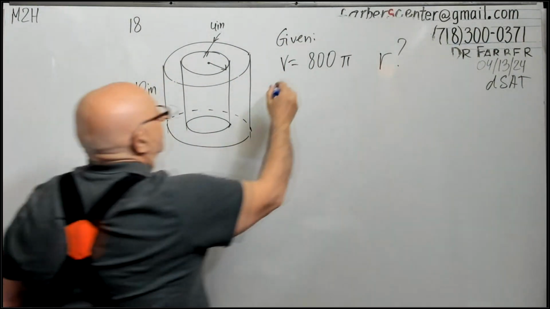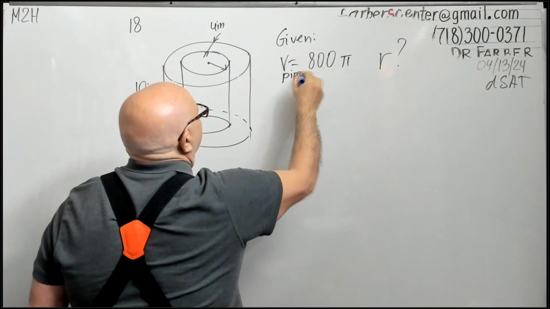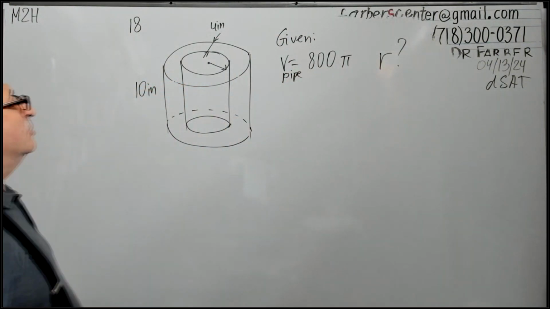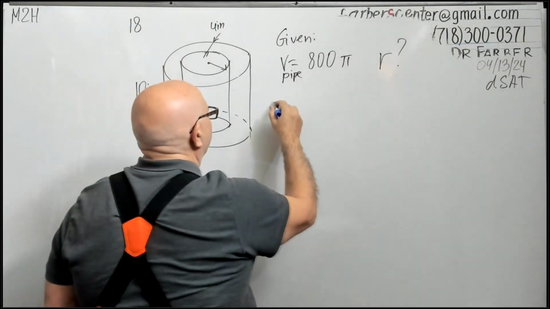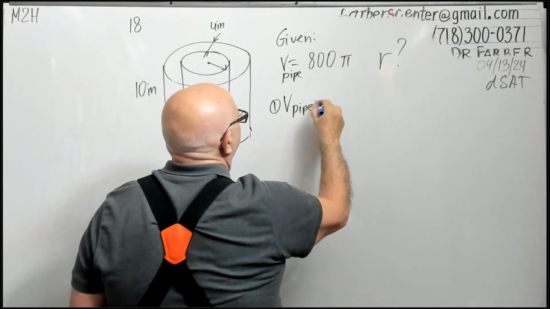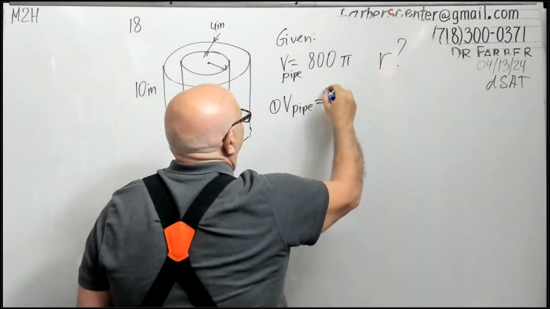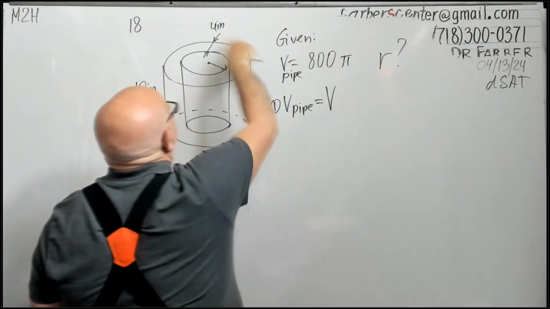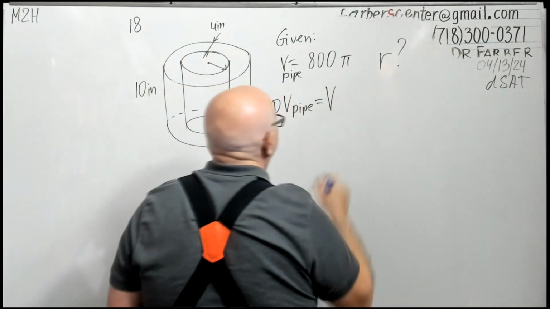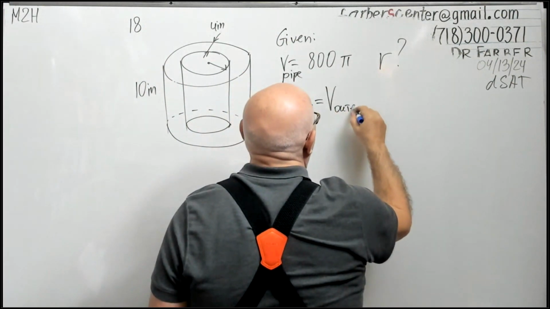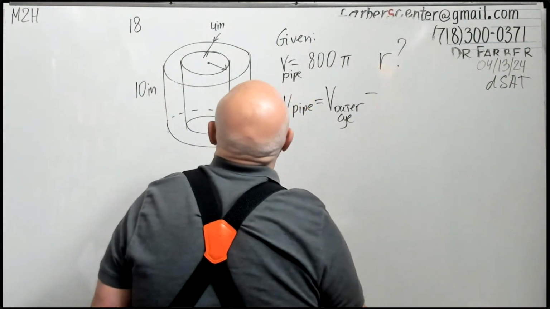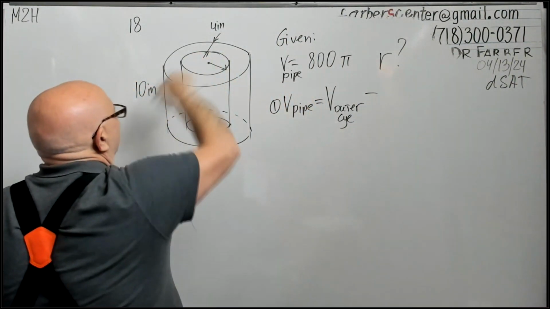Step number 1: volume of pipe equals volume of the outer cylinder minus volume of this inner cylinder.